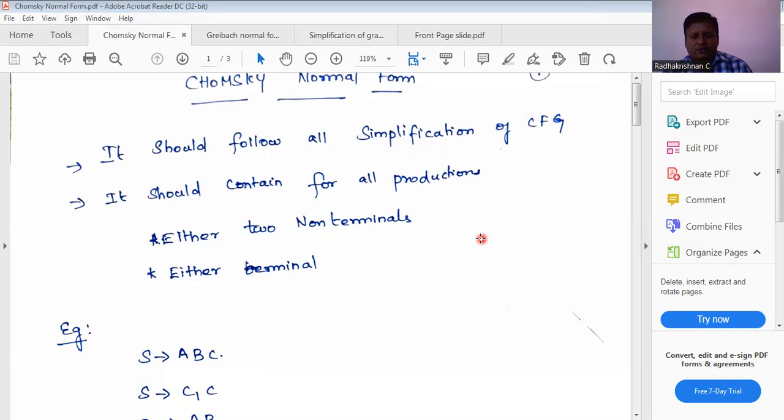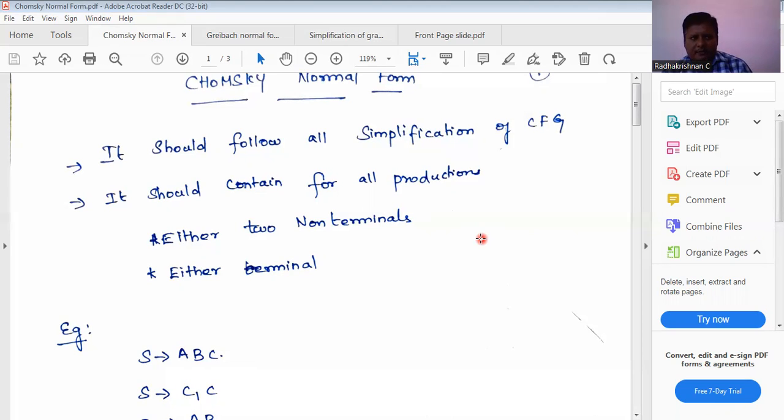If any one of these is present, we apply the appropriate technique to the corresponding production rule, eliminate the epsilon, unit production and useless symbols, and convert the grammar into simplified form. That simplified grammar is the input to the Chomsky normal form.